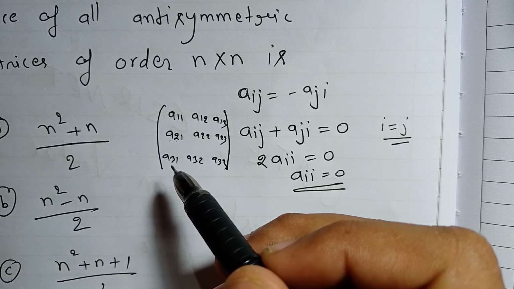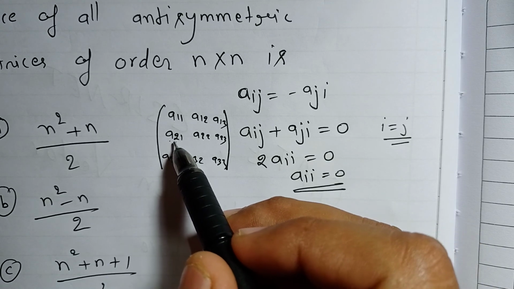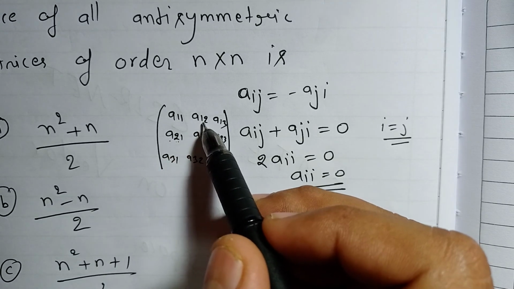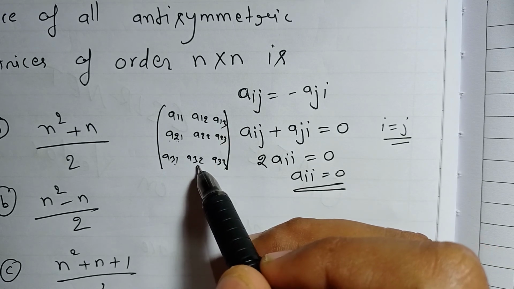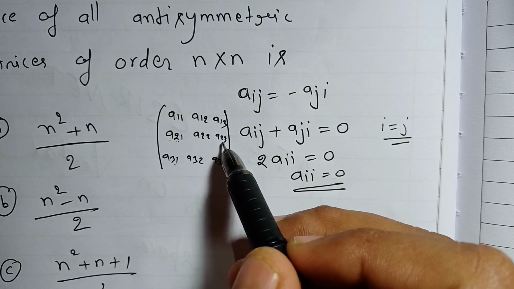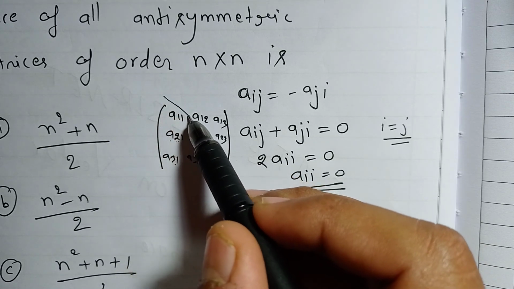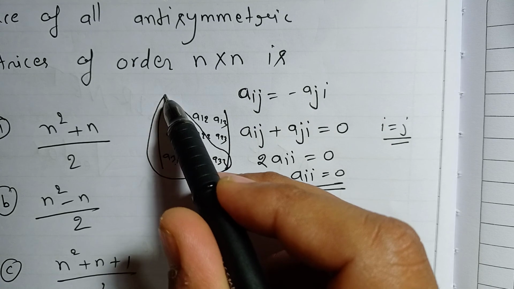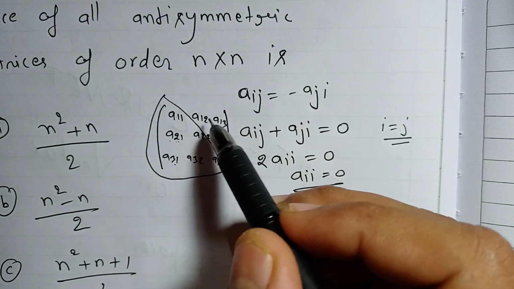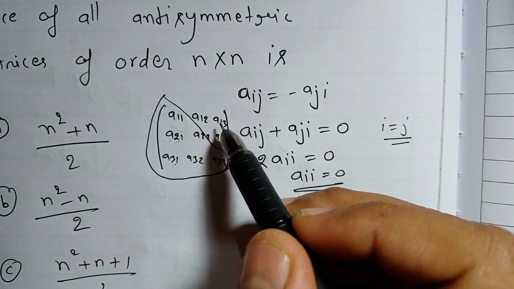Whenever you find the dimension, we have to find the number of free variables. So here A21 is dependent on A12, A31 is dependent on A13, A32 is dependent on A23. So if you see, these lower diagonal elements are the free variables, because above diagonal elements are just a mirror image of these with the negative sign.